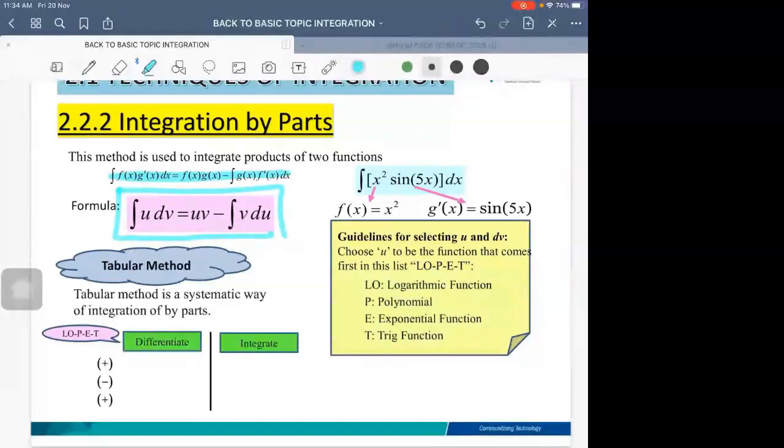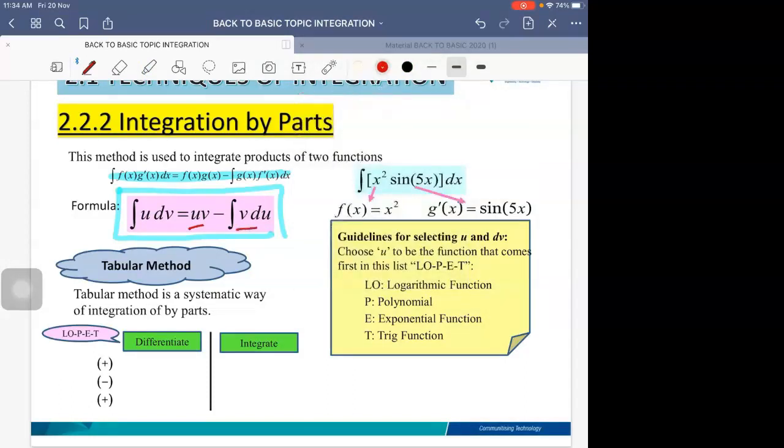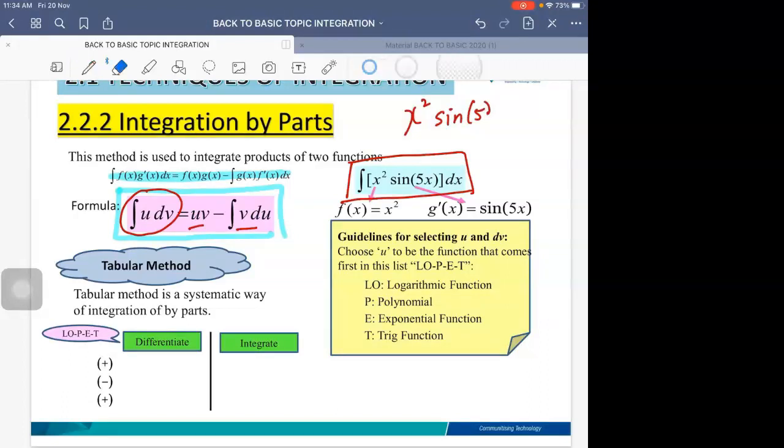So you decide as u dv. u dv equal to uv minus integral of v du. So from your problem, let's say you have this example here. You have x squared sine pi x dx.